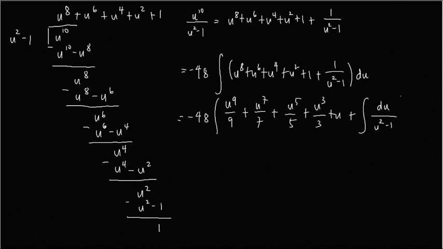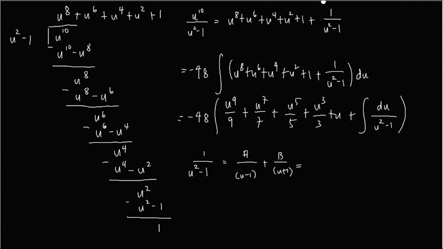So how can we implement that? That 1 over u squared minus 1 can be expressed as a over u minus 1 and then b over u plus 1.